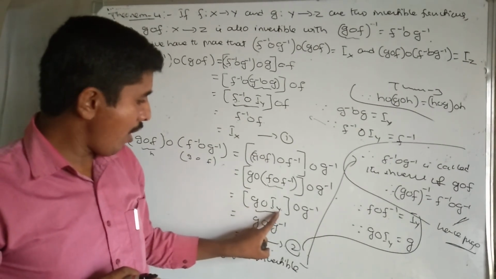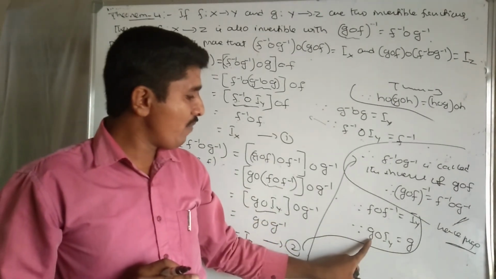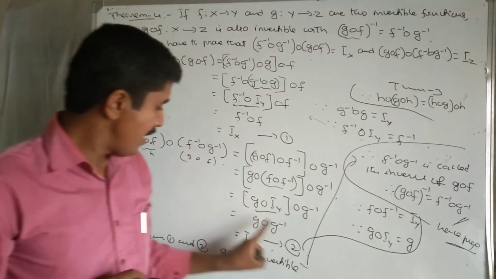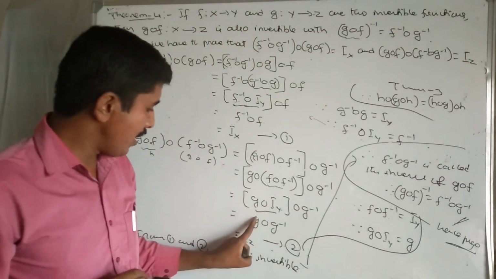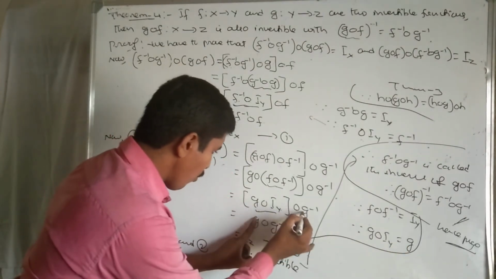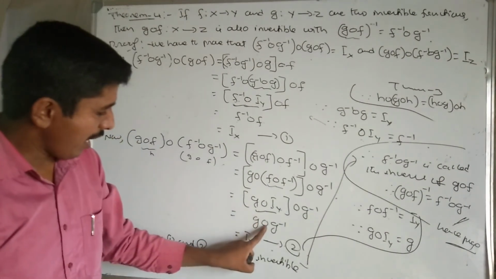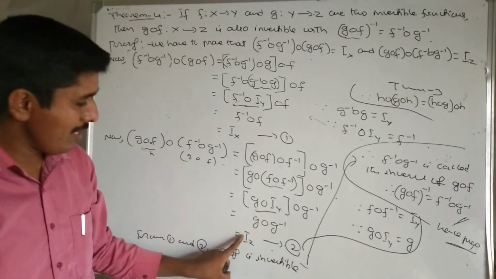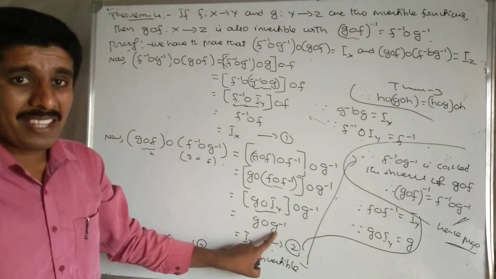Next, G o I: the composition of any function with the identity function equals the function itself, so G o I equals G. This is G o G inverse. Clearly, the composition of any function with its inverse function is the identity function, on G inverse domain, not G domain.